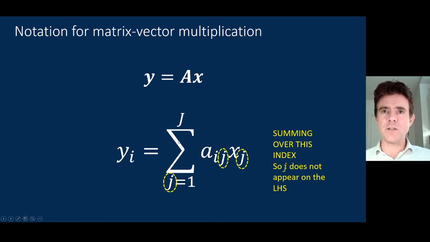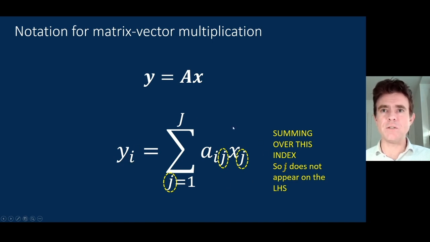Notice here that our summation is over the columns of the matrix. It's over this second index, which I'm labeling as j. And of course, that has to agree with the index for the input vector, because we know that's a set of weights for each of the columns in A. And so when we're summing over that index j, then notice that j does not appear on the left-hand side of the equation.